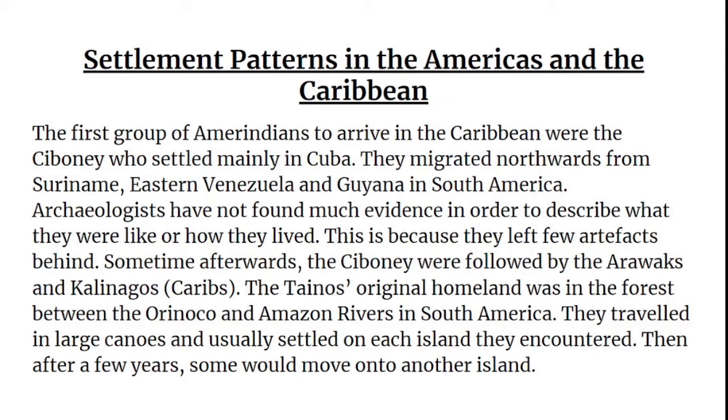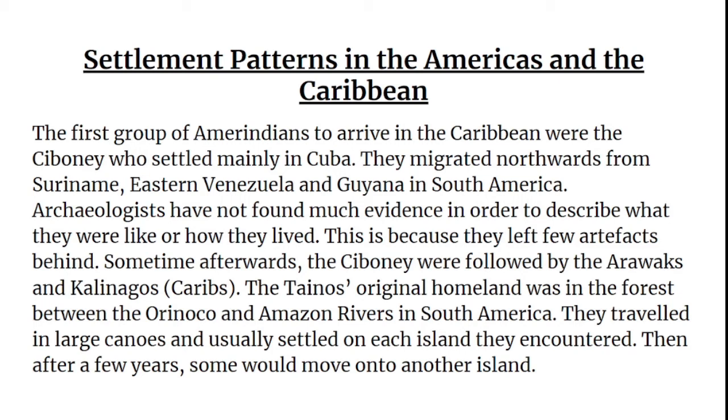They migrated north from Suriname, eastern Venezuela, and Guyana in South America. Now, archaeologists have not found much evidence to describe what they were like or how they lived. This is because they left very few artifacts behind, right? But we know that sometime afterwards, not exactly sure when, the Ciboney were followed by the Arawaks and the Kalinagos, also known as the Caribs, right?